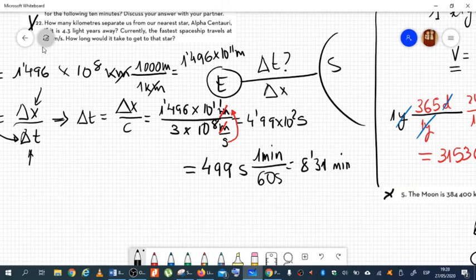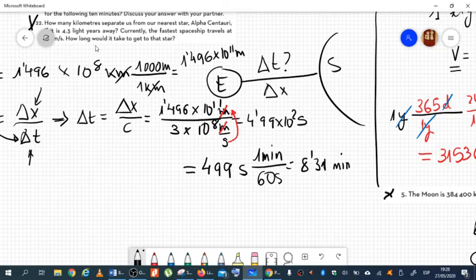So the light takes 8.3 minutes to travel from the sun to the earth.